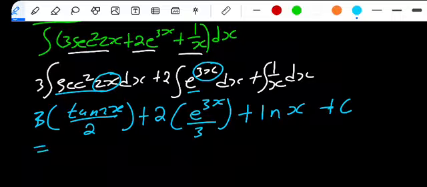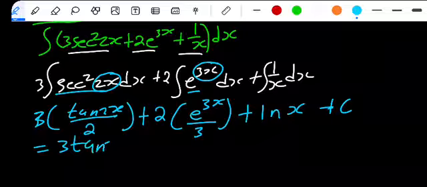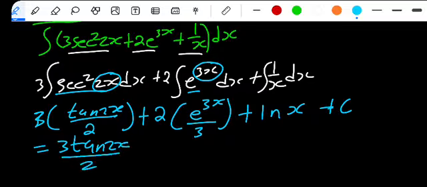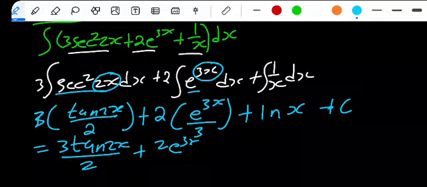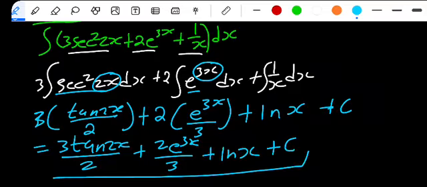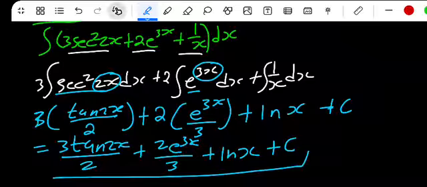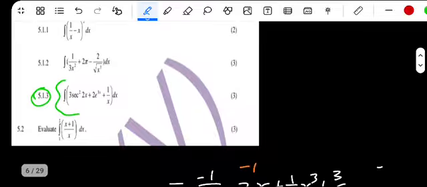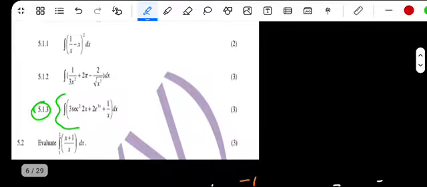So you multiply now, this will be 3 tan 2x all over 2 plus 2 e to the 3x over 3 plus ln x plus some constant c. So this is what you'll have so far.